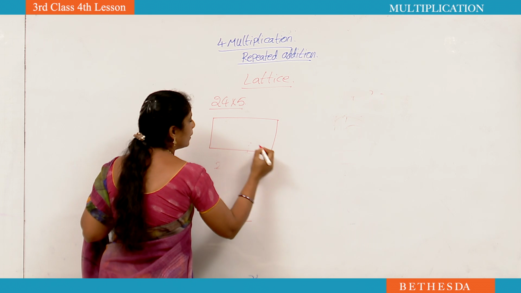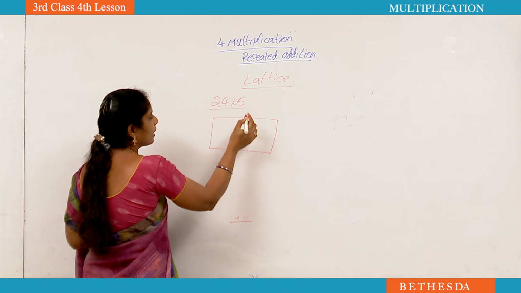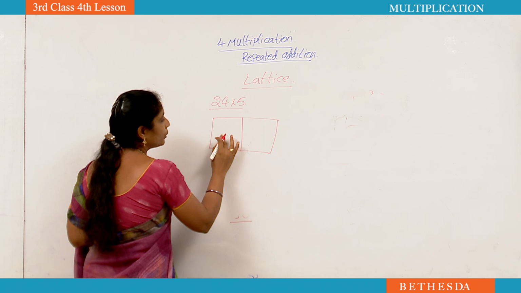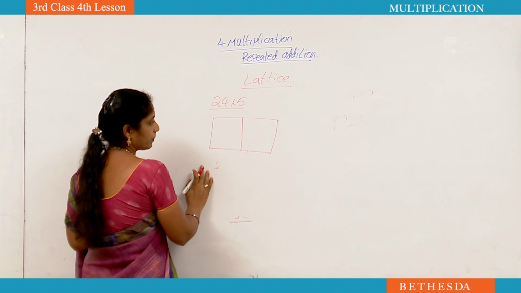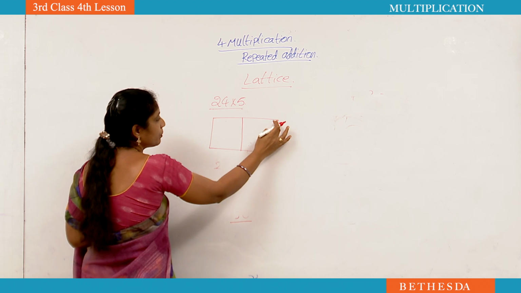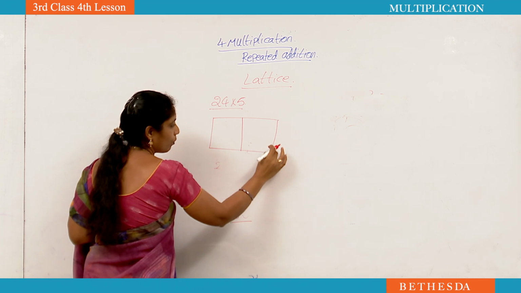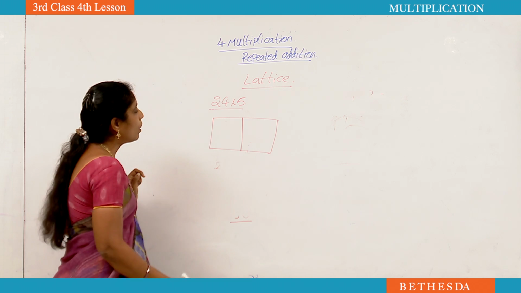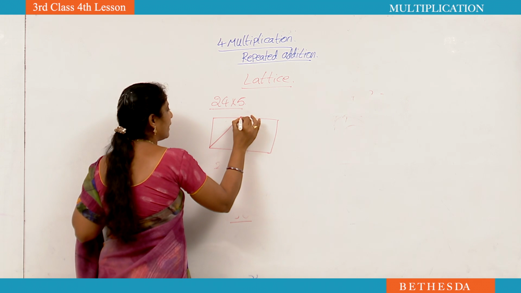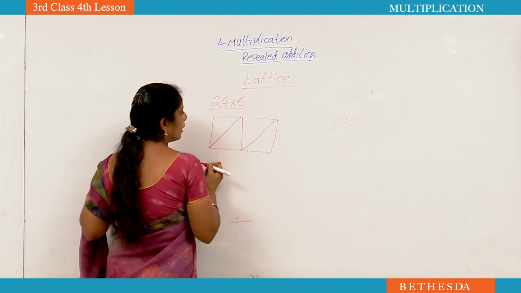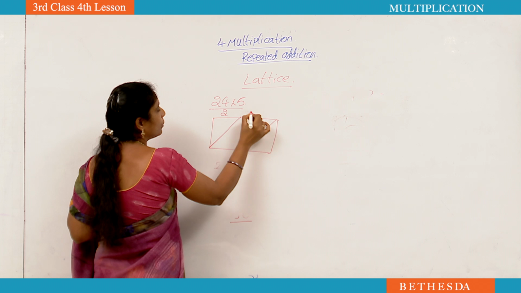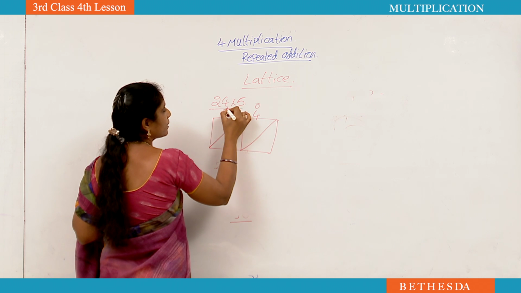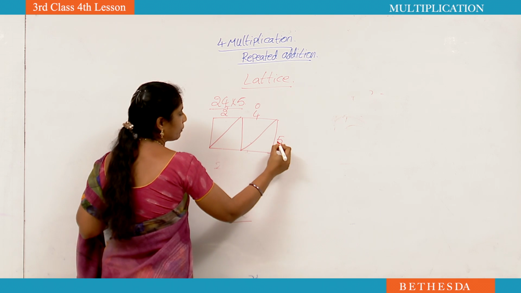In 24, how many digits are there? 2. That's why we have to draw 2 columns. In 5, how many digits do we have? Only 1. That's why you have to draw only 1 row. Now for this we have to draw the diagonals. Write in the first square up 2. Second square up 4. Ones, tens, no? Yes. Right, we write 5 at the side of this.